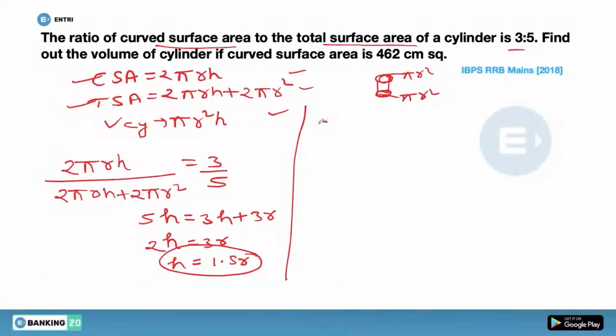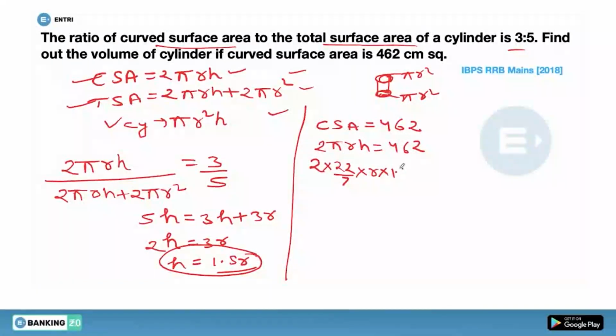What is the CSA? The CSA is equal to 462. And what is the CSA formula? We have written it. It is 2 pi r h, and it is equal to 462. That means now I am going to calculate r here. How? I will be putting the h value as 1.5 r. So it would be 2 into 22 by 7 into r into 1.5 r equals 462.